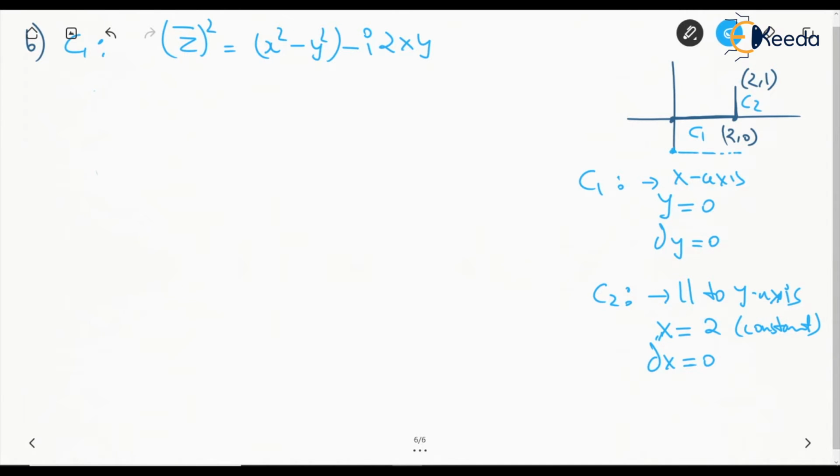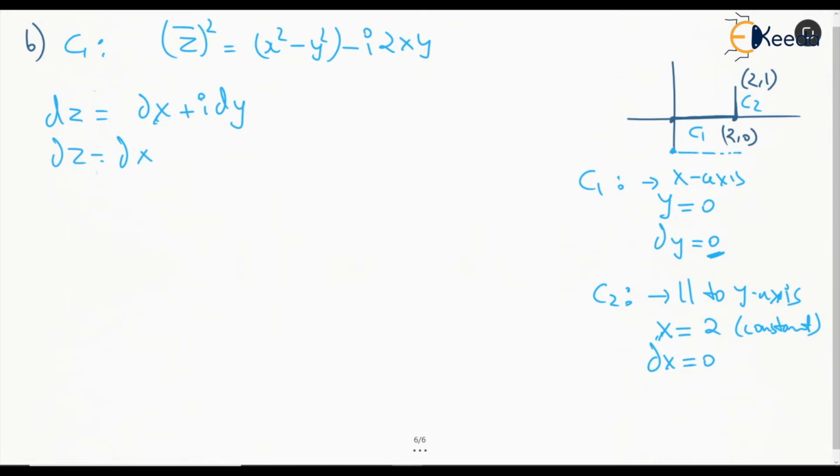The observation is this dz, which is dx plus i dy, for the case of C1 this dy is 0 and dz becomes directly dx, and the limits for x is 0 to 2. Yes, because it is moving from 0, 0 to 2, 0. Fine.